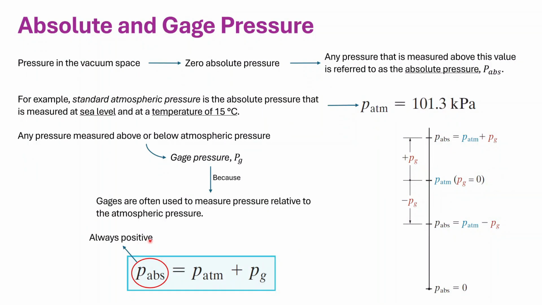P atmosphere is also always positive, but P gauge can be negative because it's relative to the atmospheric pressure. Again, any pressure measured above or below atmospheric pressure is called gauge pressure, so it can be positive or negative.